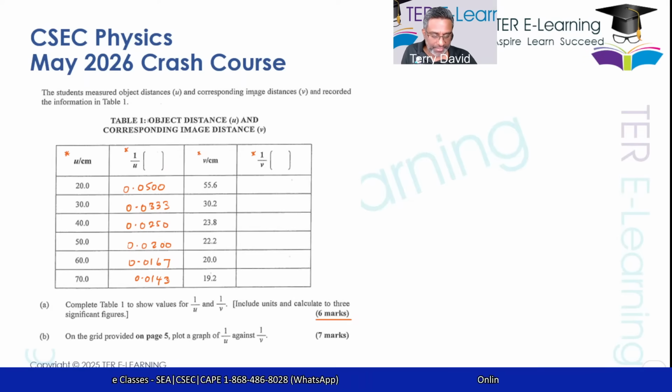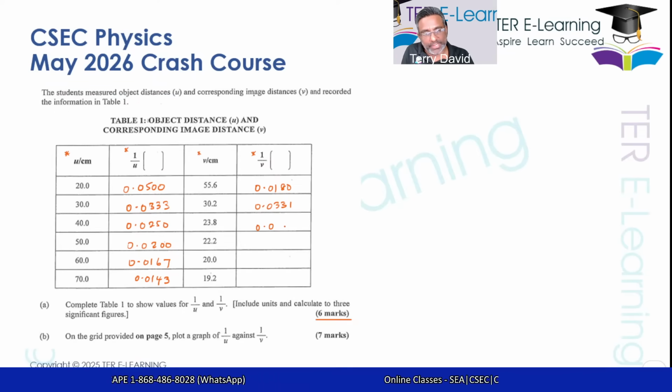1 divided by 55.6, we're going to get 0.0180. Next one is 1 divided by 30.2, we're going to get 0.0331. Then we have 1 divided by 23.8.